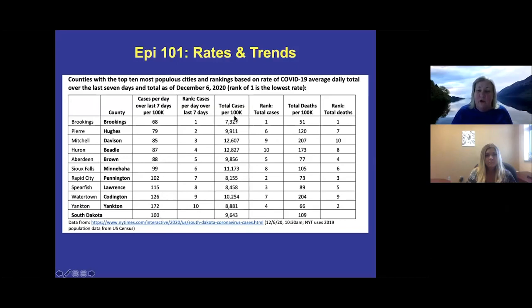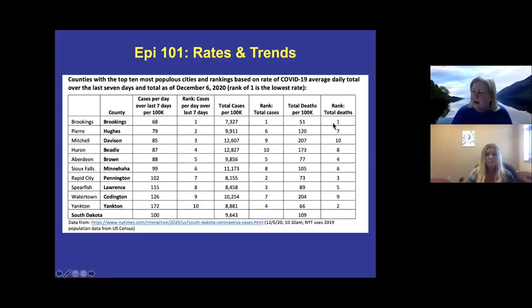If you look at total cases, this is from the beginning of the pandemic. We are also the lowest. We have 7,000 per 100,000. The highest being Beadle County, which has close to 13,000. And then they also do the same thing for total deaths. And this is the first week that we've actually moved up to having the lowest death rate.